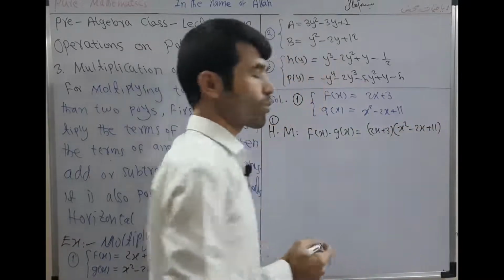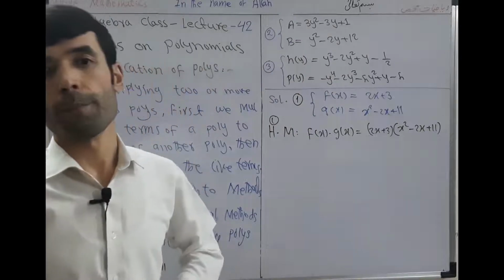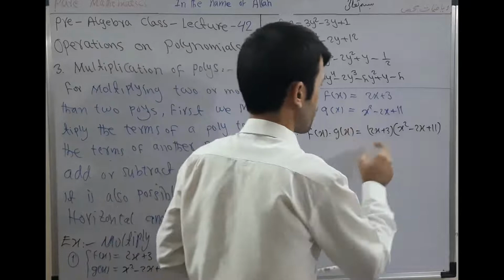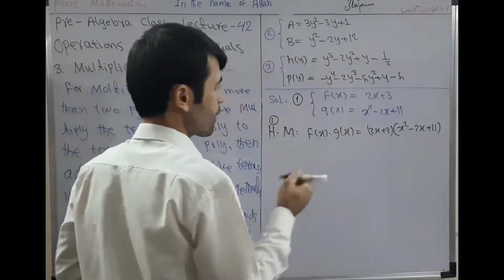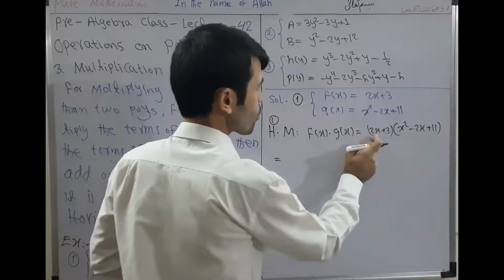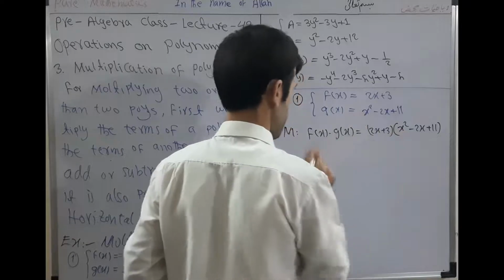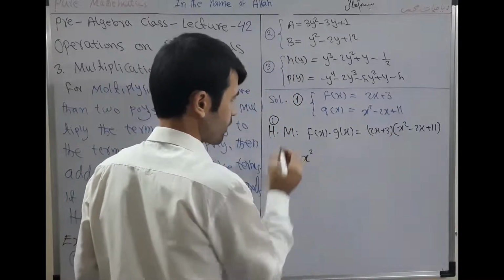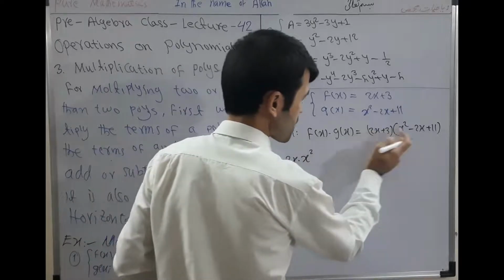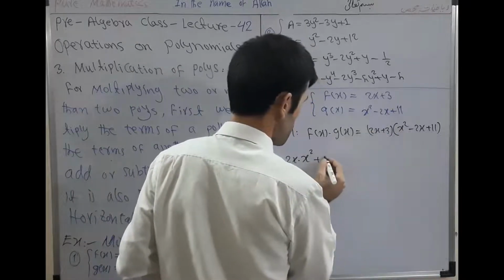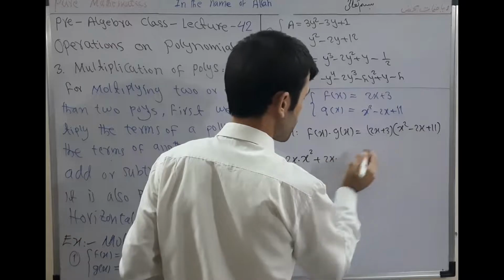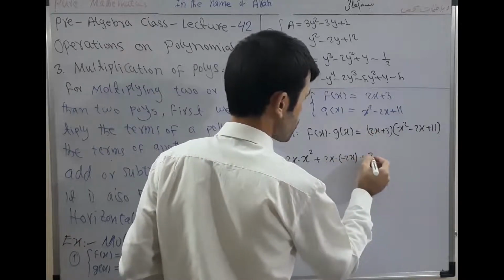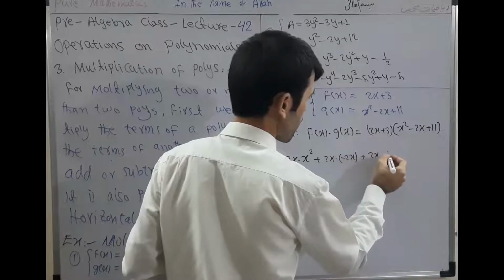Here we will use the multiplication of power law. Here we multiply 2x multiplied by x squared, plus 2x multiplied by minus 2x, plus 2x multiplied by 11.